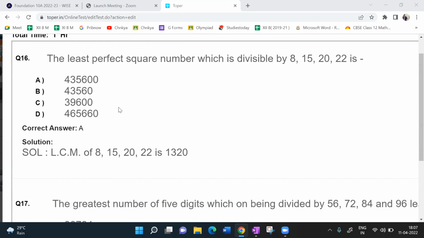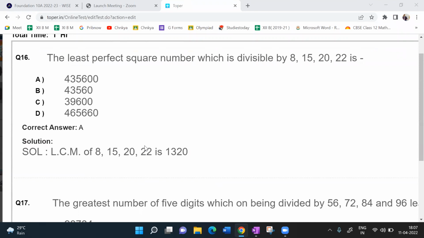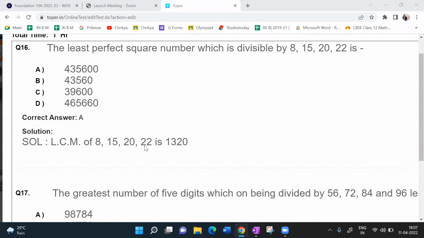After finding the LCM, I got to know that the LCM is 1320. And the square of that, 132 into 132, how much?